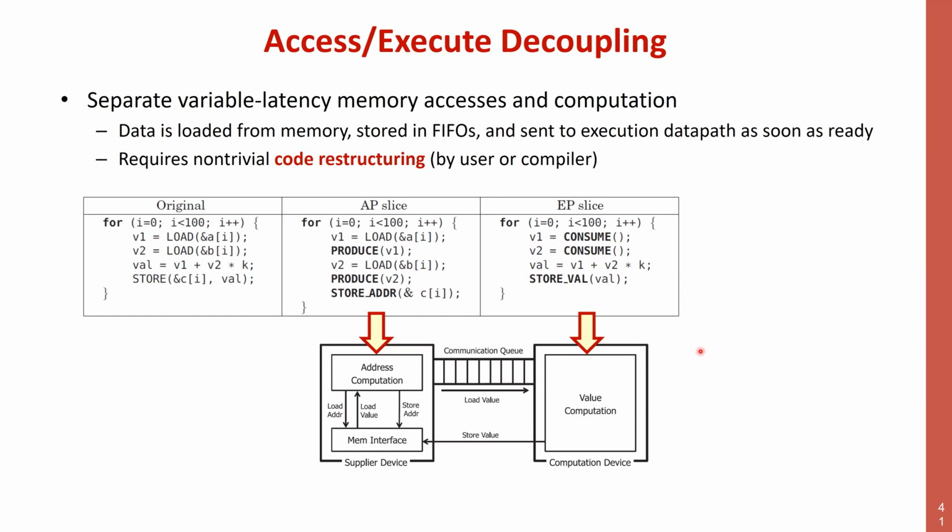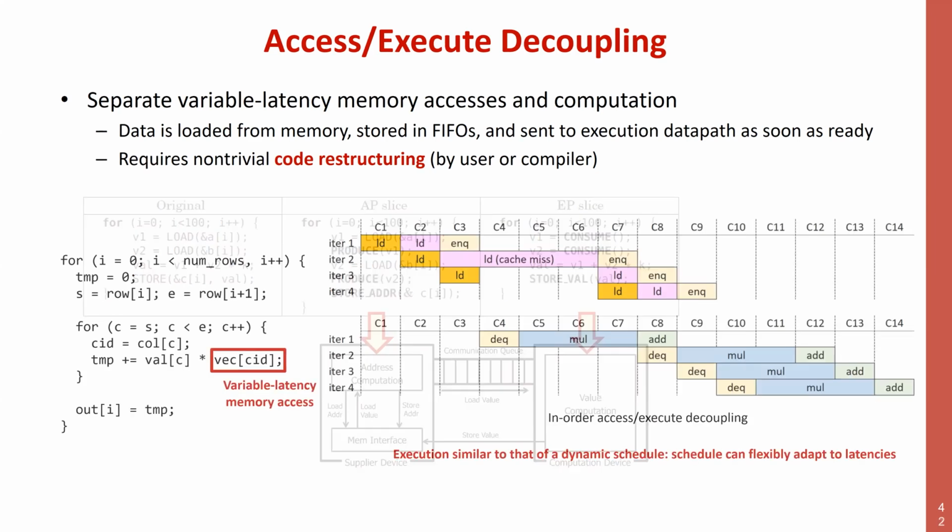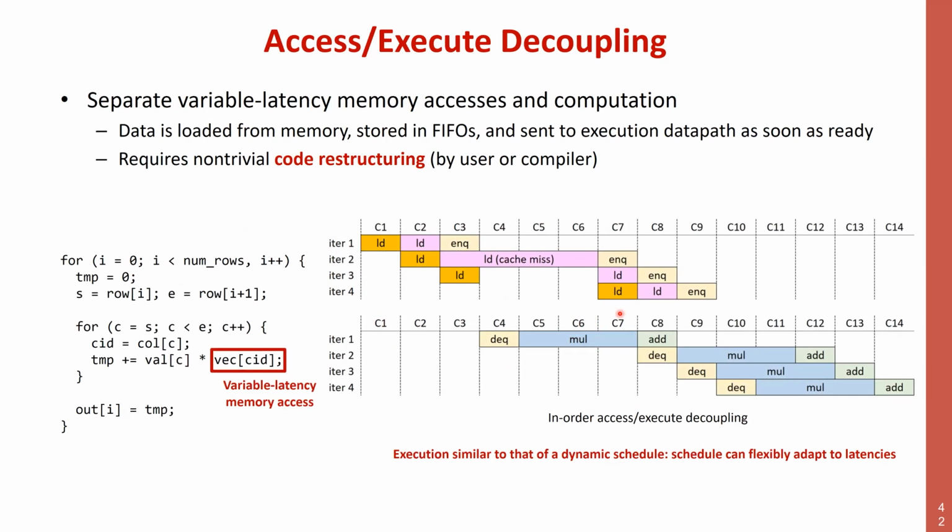So you get an execution structure that is essentially this. You have on one side the loop that creates all the accesses with these variable latencies and enqueues them, puts them into the FIFO.